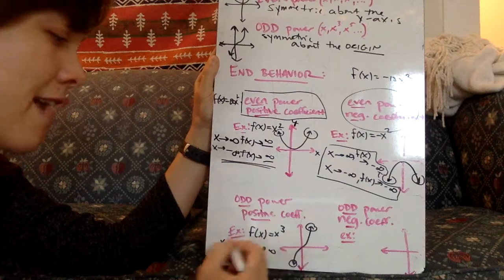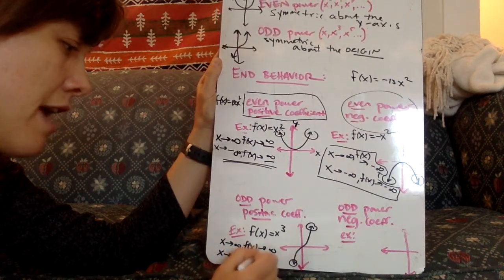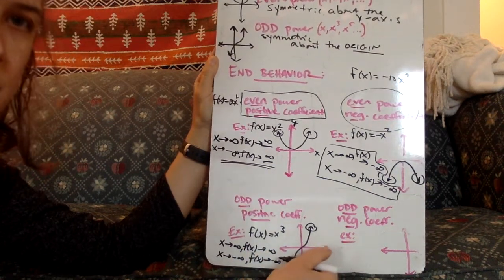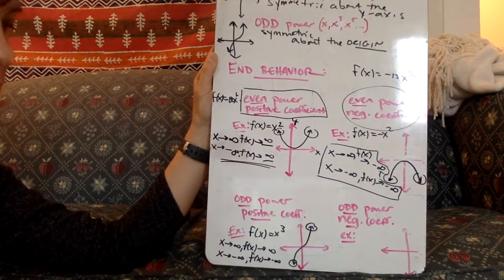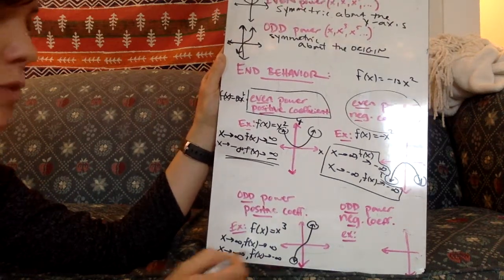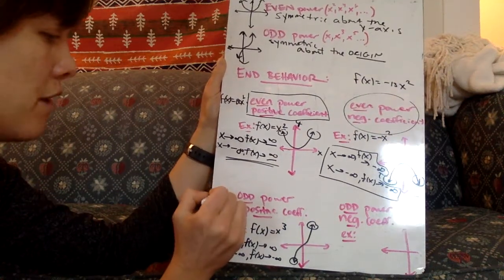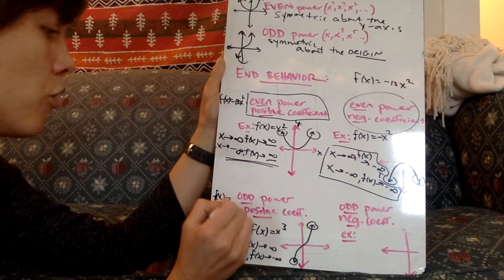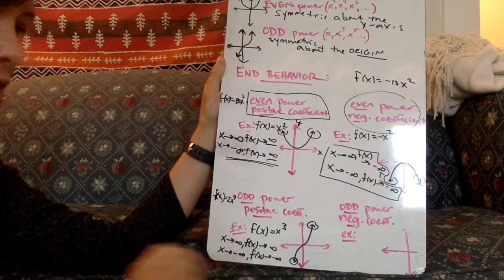And as x approaches negative infinity, f of x also approaches negative infinity. So as I'm moving this direction, my y value is approaching negative infinity. And this will always be the rule for an odd power with a positive coefficient. So this will be the same thing with 2x to the 7th. This will be my end behavior that I'll be using.